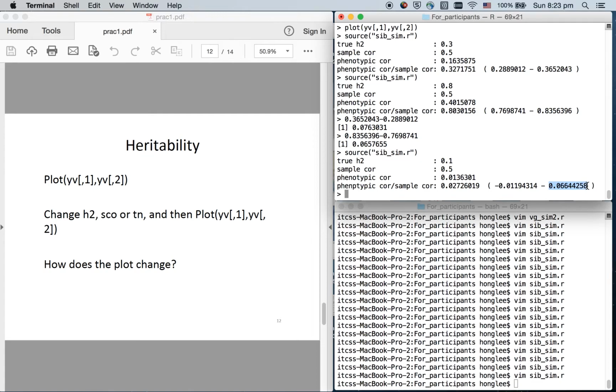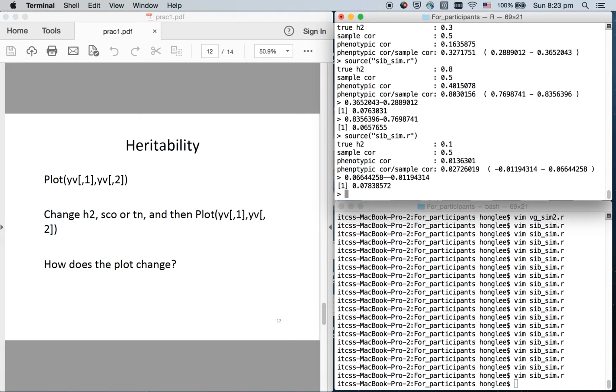Then you get, yeah, that is 0.07. So these two values, a slight difference, but it's not much changed. So this standard error or confidence interval is robust against changing heritability. However, sample correlation, I would guess is robust as well. Probably you can check by yourself. Okay.